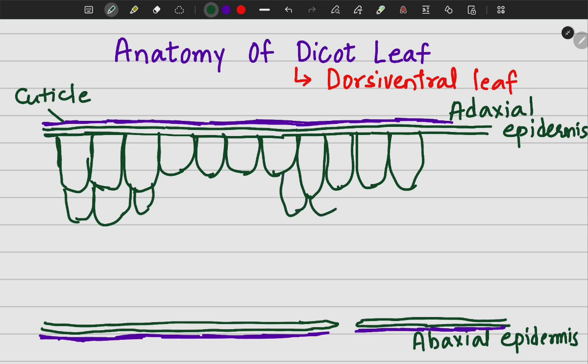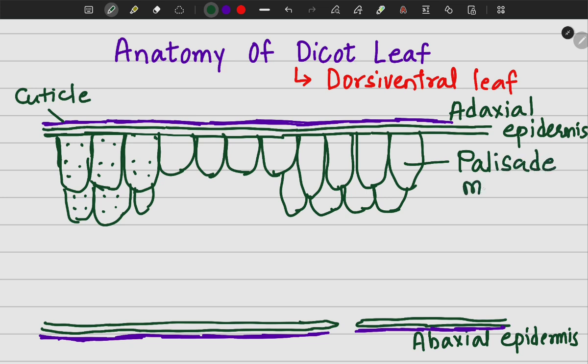These type of mesophyll cells are called palisade mesophyll or palisade parenchyma. These palisade parenchyma are vertically arranged elongated cells. They are present parallel to each other, found only at the adaxial surface.